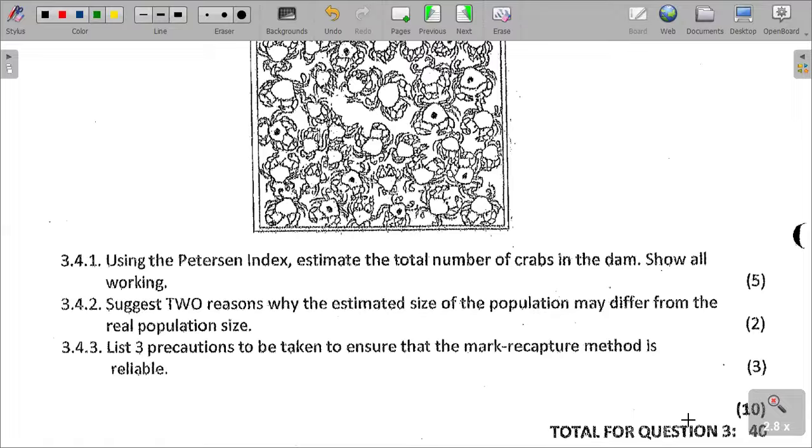Let me just put it on top so we can see it nicely.